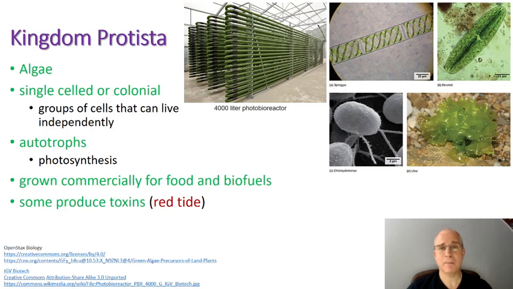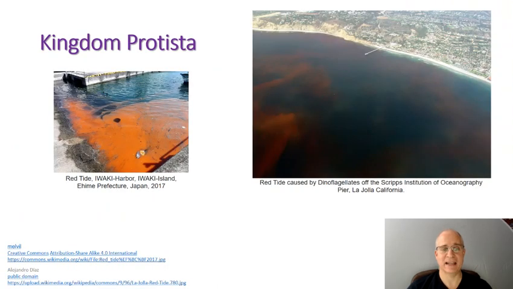But as I said, some algae are a problem because as they grow, they give off toxins. Characteristic of some of these algae is that they are red. When they grow in big numbers, they can actually color the water red, and these are called red tides.